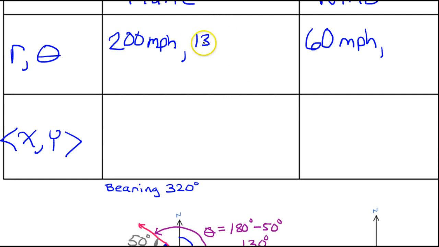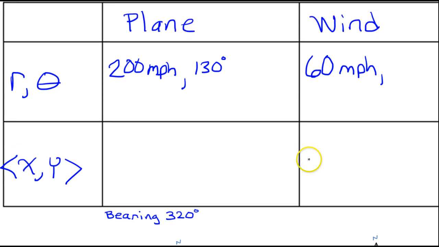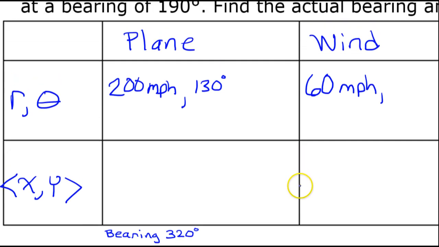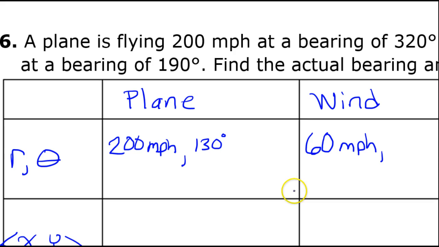So we have 130 degrees. Now let's move on to the wind velocity. What did they say about the direction of the wind? The wind is blowing at a bearing of 190 degrees.